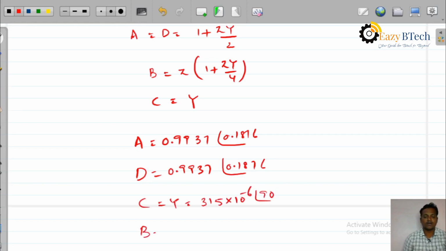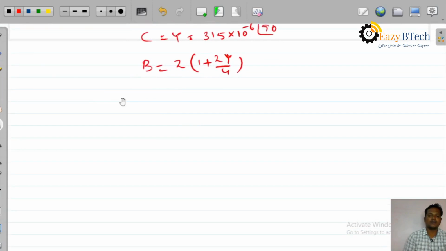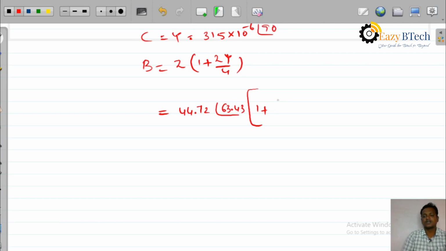The only value we have to calculate for the T method is B, that is Z into 1 plus ZY by 4. Already calculated in the nominal pi method, same values here also. But B is different for nominal T compared to nominal pi. The Z value is 44.72 at an angle 63.43 into 1 plus 44.72 at an angle 63.43 multiplied with 315 into 10 power minus 6 at an angle 90 divided by 4.